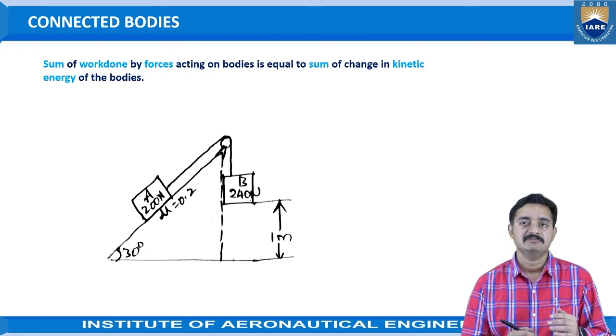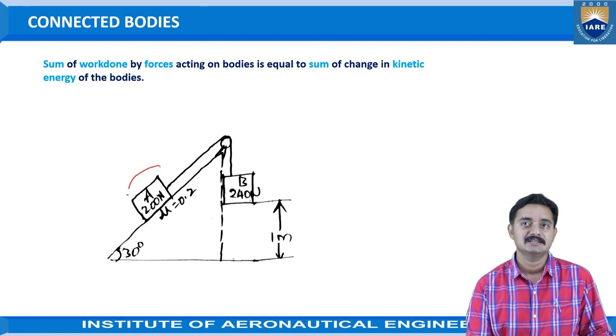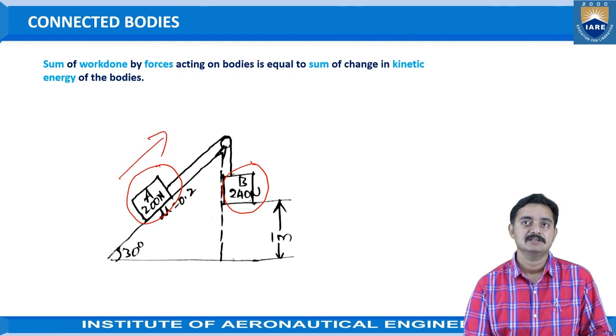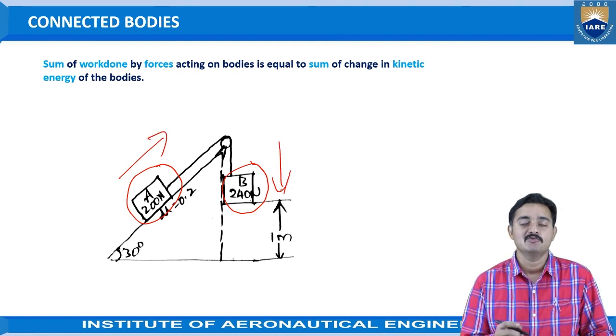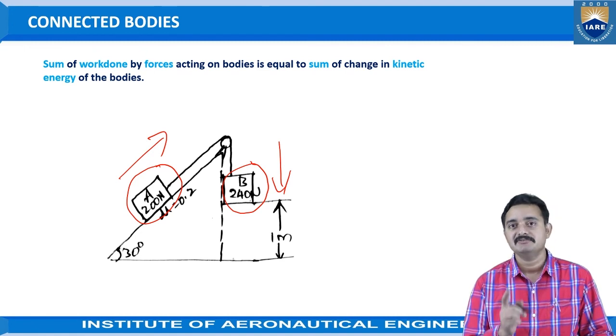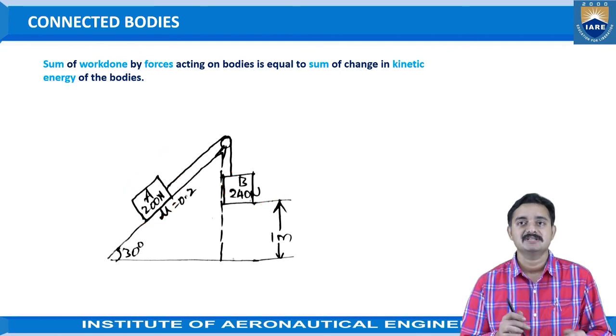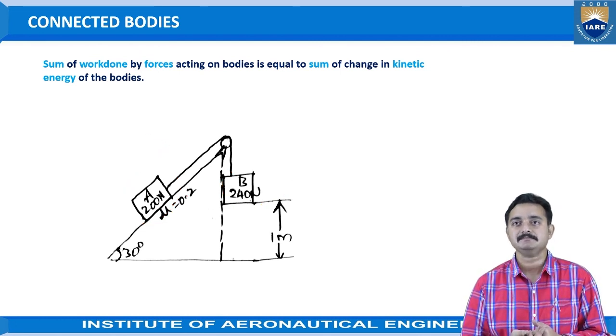For this system, if we need to apply the work energy equation, then what we need to do is consider both the bodies at a time, on the LHS and RHS. Let us say the objects are moving in this direction; the forces involved in that movement will be considered, and the displacement to which the objects are moving will be taken.